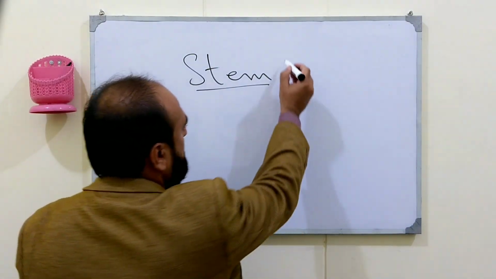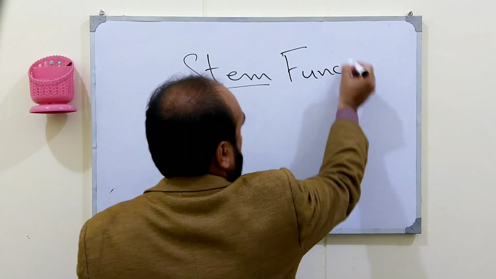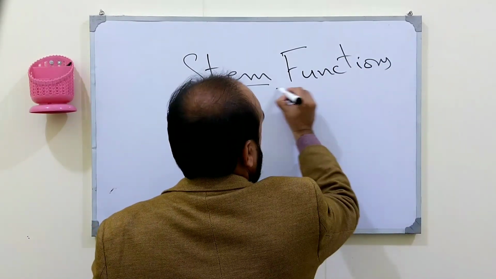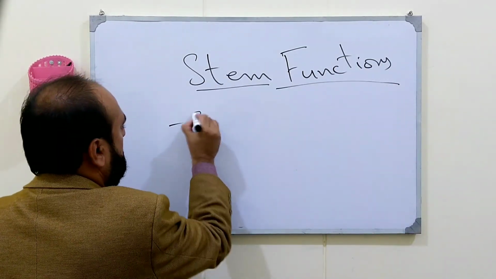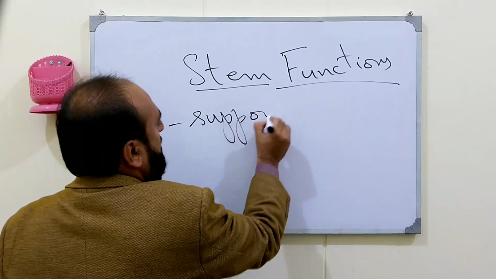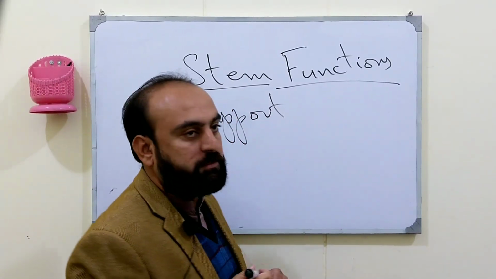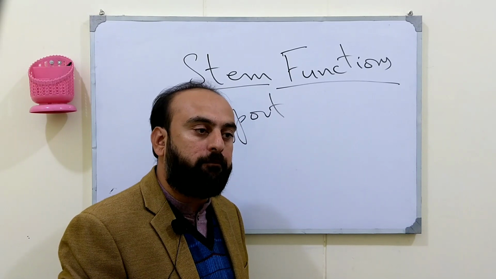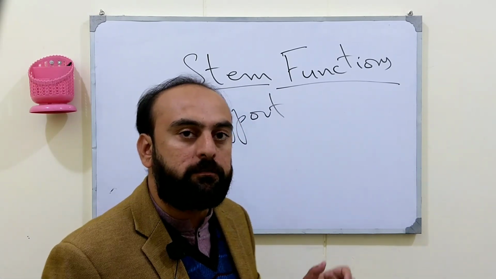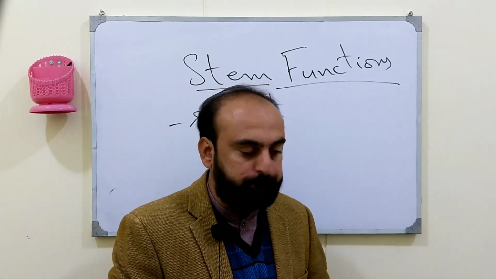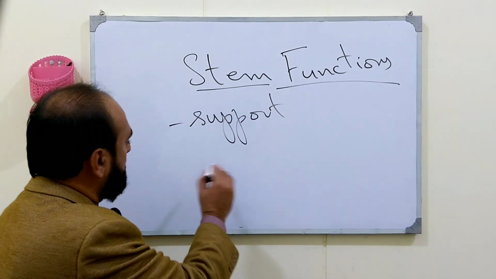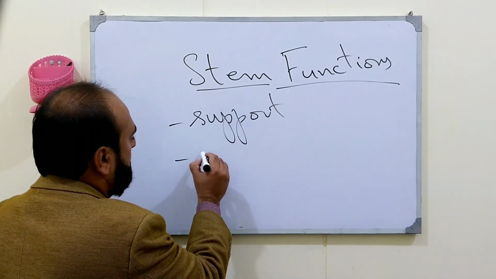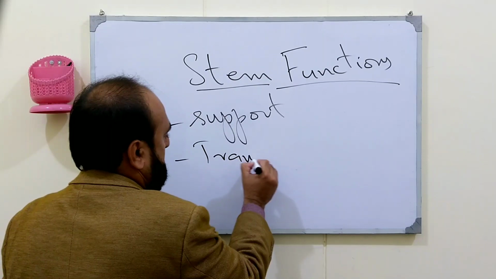The main functions of a stem are support. So it is a supporting structure for leaves, branches, fruits and flowers. Then its other important function is transport.